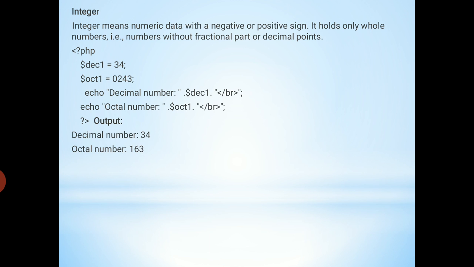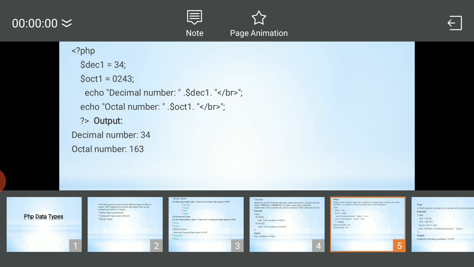BR tag is used to display the output on the next line. Echo octal number, concatenation $oct1. Then the script is complete and the output displayed in web browser is decimal number is 34 and octal number is 163.